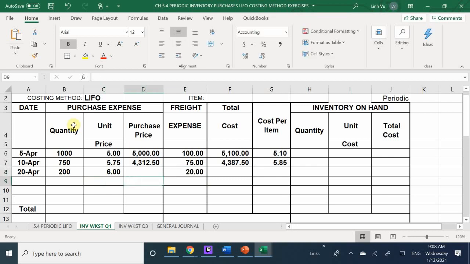So what is my total purchase price here? 1,200. Good. And then my total is going to be 1,220. Good. Bringing our cost per item to be $6.10. Okay.